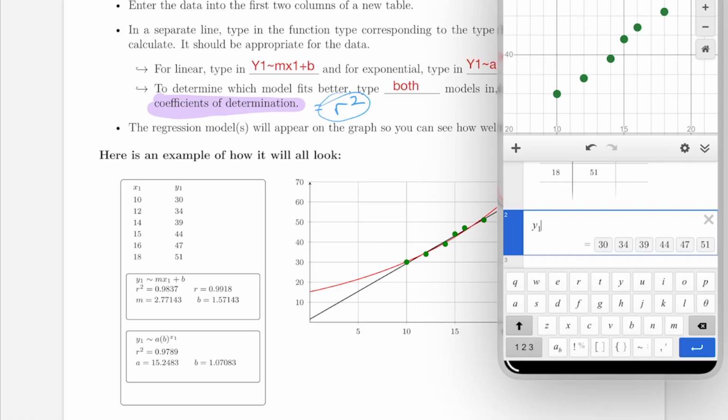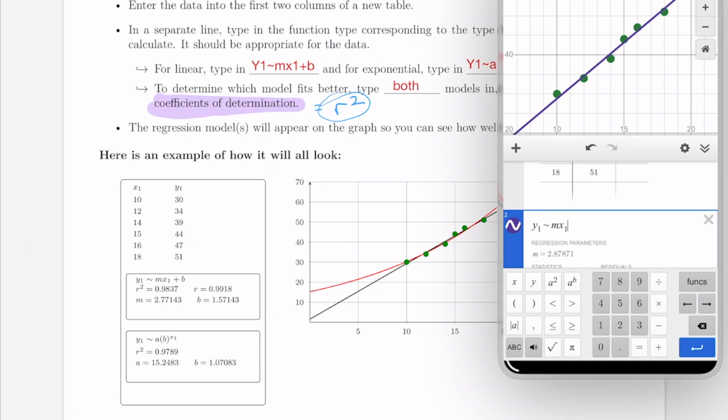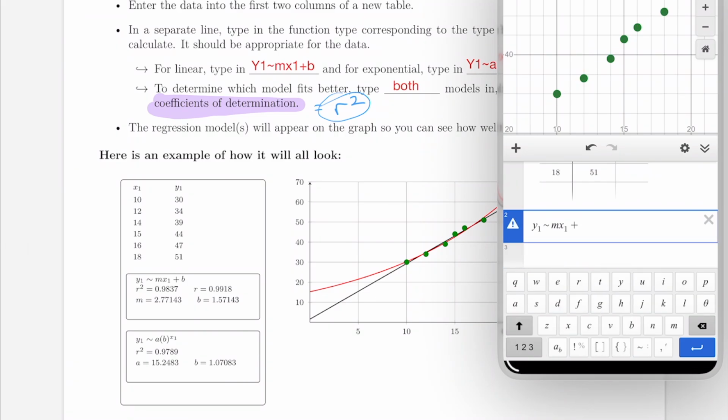So I come over here, and then just at this bottom row, right above this arrow is our tilde. So tilde mx1, and then I do plus b. This is a lot easier if you're on a computer because you don't have to go back and forth between those, but it's still not that bad, especially for a free calculator.